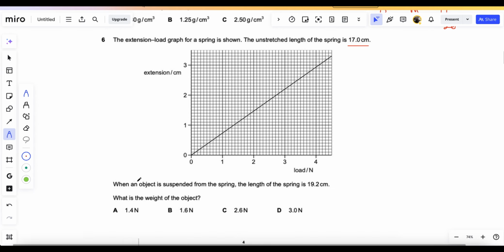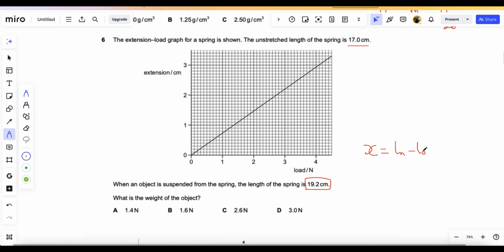Now when an object is suspended from the spring, it extended, and the length becomes 19.2. So we can calculate our extension. Extension x is the new length minus the original length.